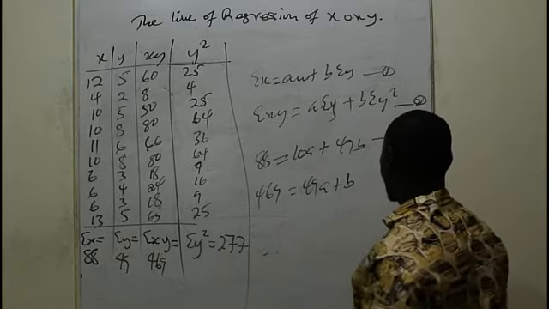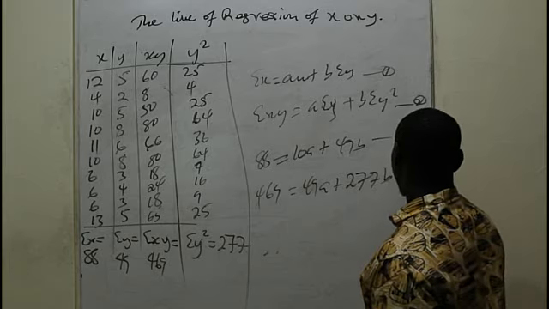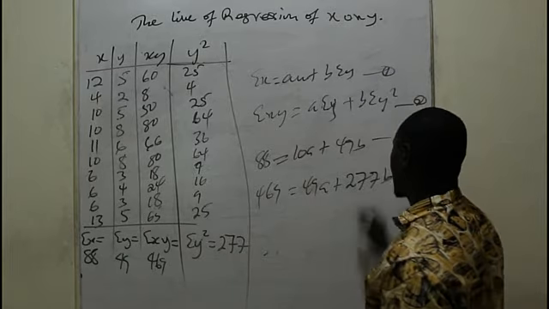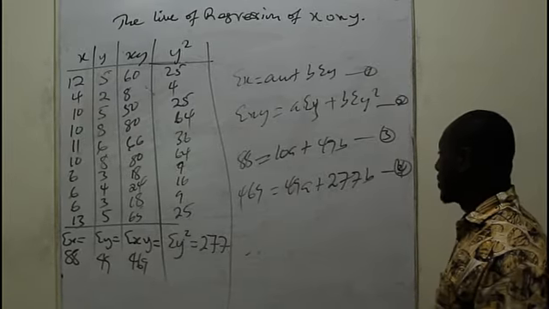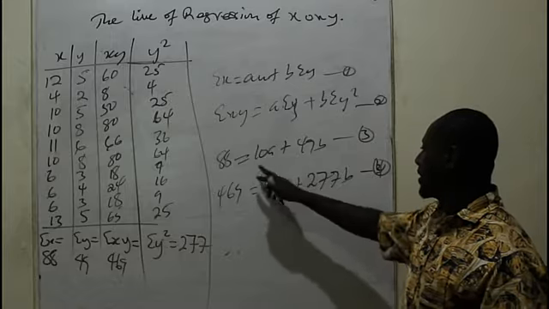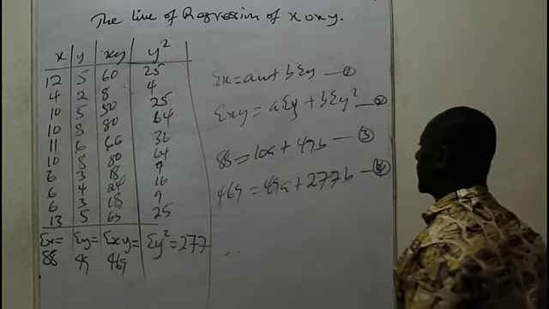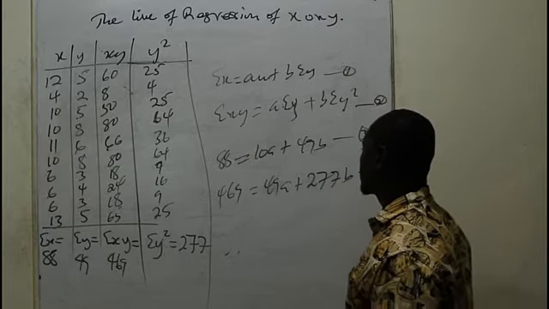Summation of y squared is this value, 277b. This is equation 4. So I'm going to solve equation 1, equation 3, equation 4 simultaneously. Let me make one of the variables the subject. Let me make a the subject in equation 3.